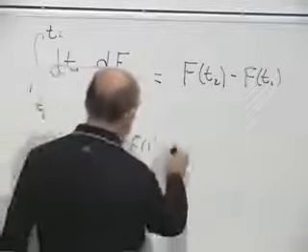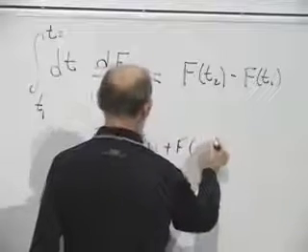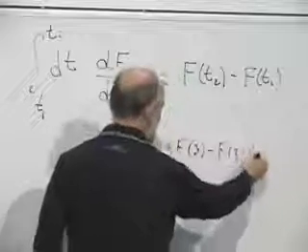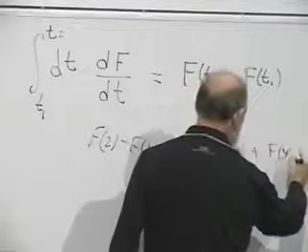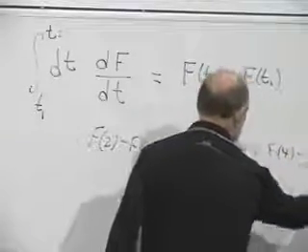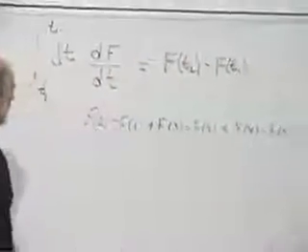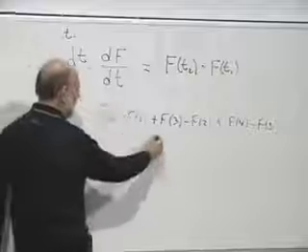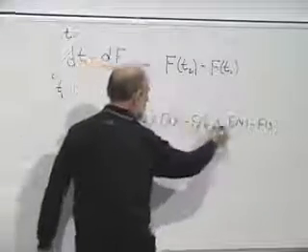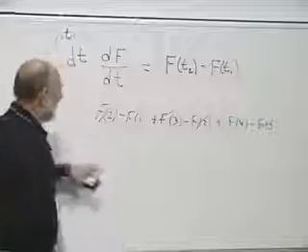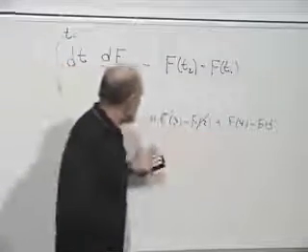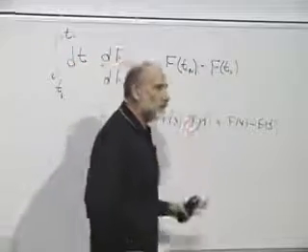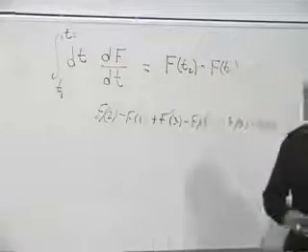And then the next interval is plus f at point 3 minus f at point 2 plus f at point 4 minus f at point 3, and so forth. Everything cancels out except the first and last term. f at 2 cancels out, f at 3 cancels out. They all cancel out except the last one and the first one. And so the integral of a derivative is just the difference of the function at the endpoints of the integration.